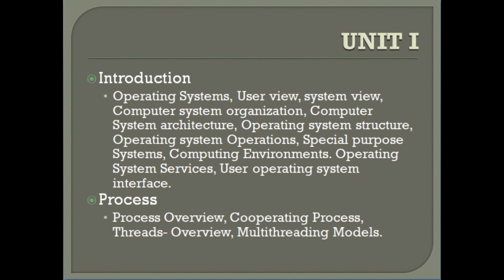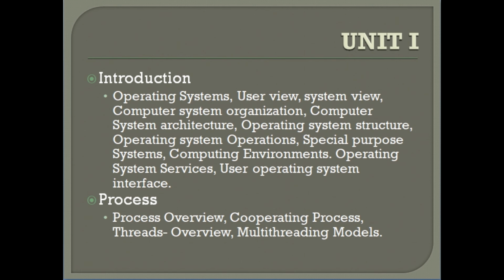Then we will study the operating system structure, which tells us how the various units of the operating system are divided, how it is structured, and what the operations are which we do in an operating system. There are also some special purpose systems, how they are designed, and what their uses are.